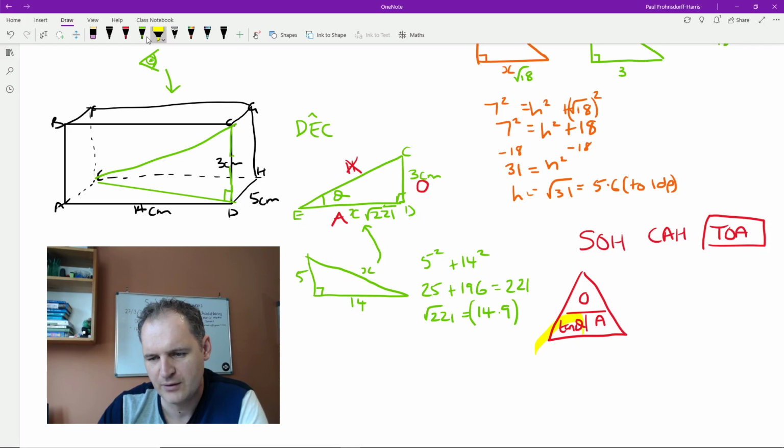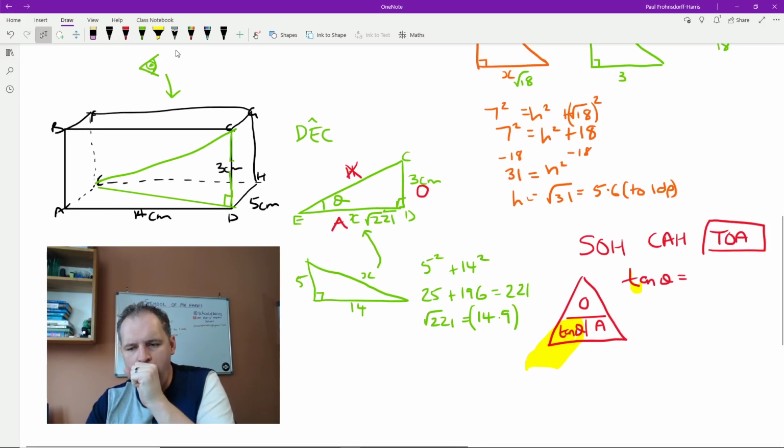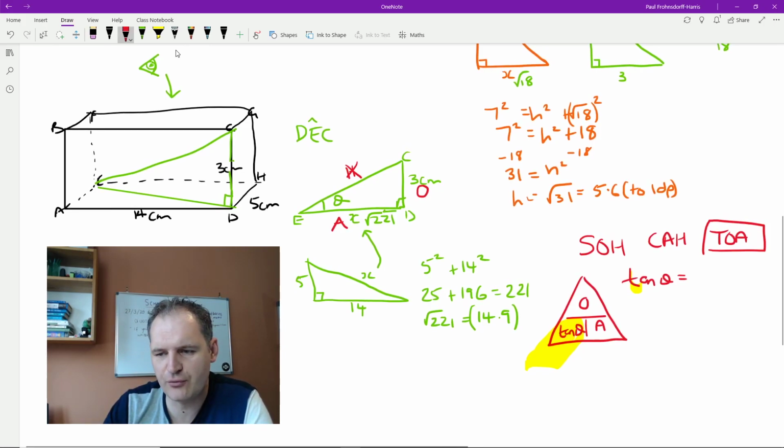We want the angle. So we're going to put our highlighted finger, my fingers are clearly made of highlighter, over that. And that tells us to do O over A, which means I can then write, not in the highlighter, tan theta equals 3 over root 221.